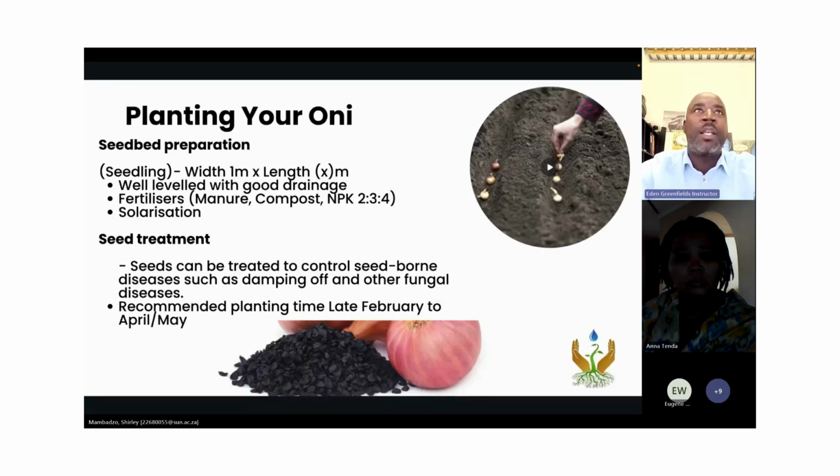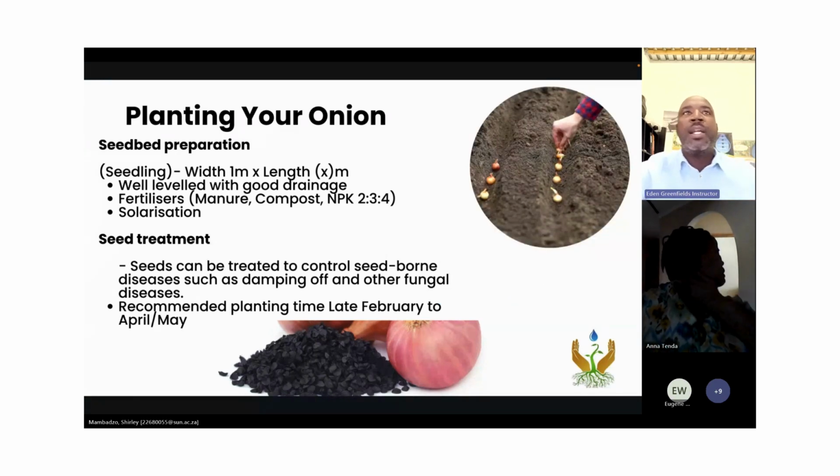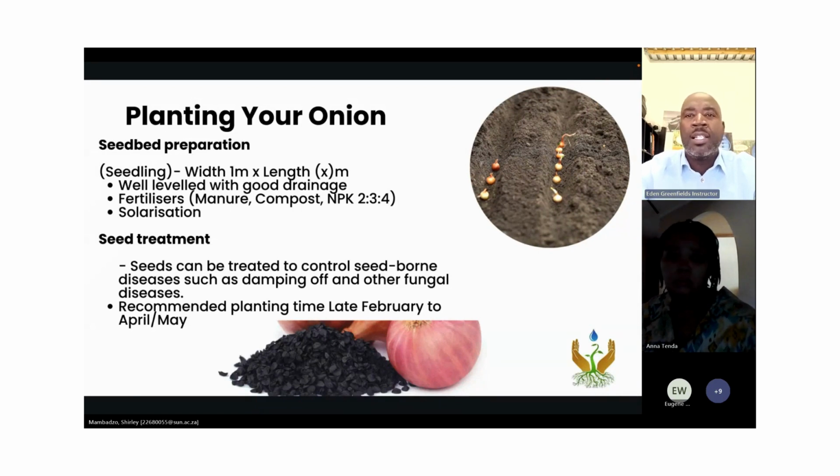All right. So let's look at planting your onion. Number one, we need to make sure that we have got seed beds. For the seedlings that you need to raise, if you have got a small garden, a backyard garden, you can probably look for a tray.